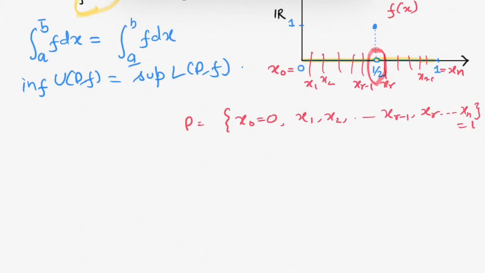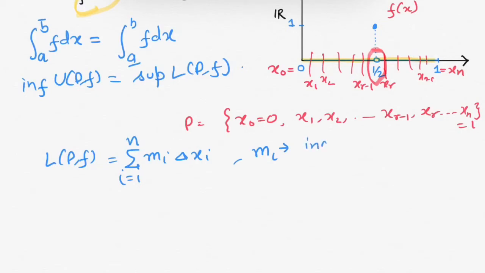Now let's find our lower Riemann sum L(P,f). We know that L(P,f) equals the summation of small m_i delta x_i, where i runs from 1 to n. Here m_i is the infimum of the function f(x) in the ith subinterval, and delta x_i is the length of the ith subinterval.